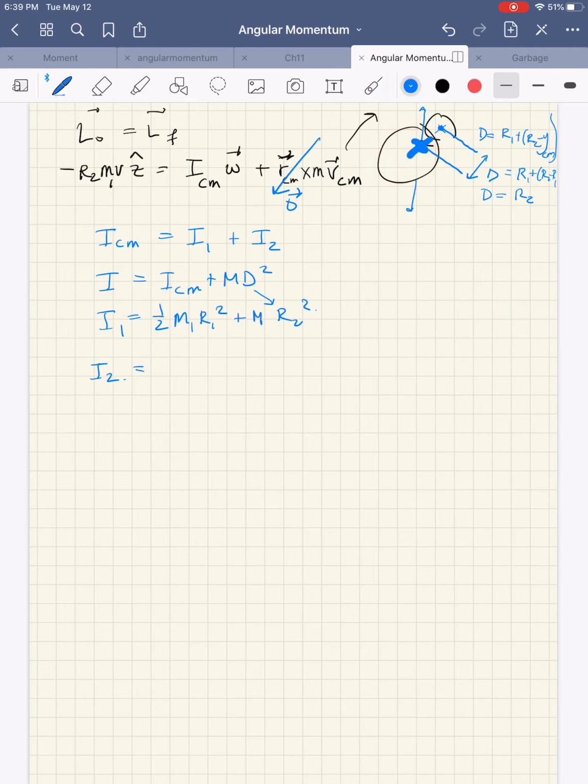So for I2, this is one half M2 R2 squared plus M2 R1 squared. And so the moment of inertia of both of them is one half M1 plus M2 times R1 squared plus R2 squared, plus M1 R2 squared plus M2 R1 squared.